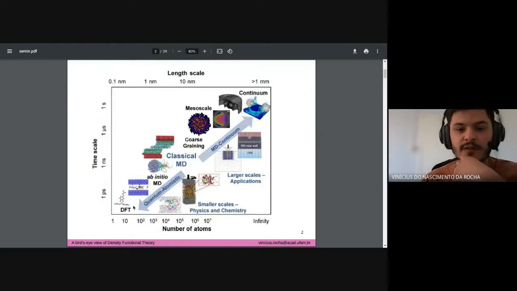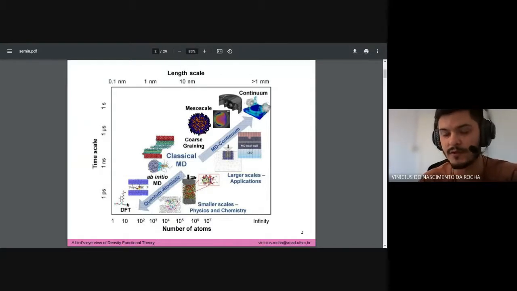To solve quantum problems, we need to use methods based on statistical models or on first principles in quantum mechanics, which can greatly increase the computational cost of your simulation. So DFT is a method that uses certain approaches and techniques that allow us to use the theory of quantum mechanics in its purest possible form, let's put it that way.